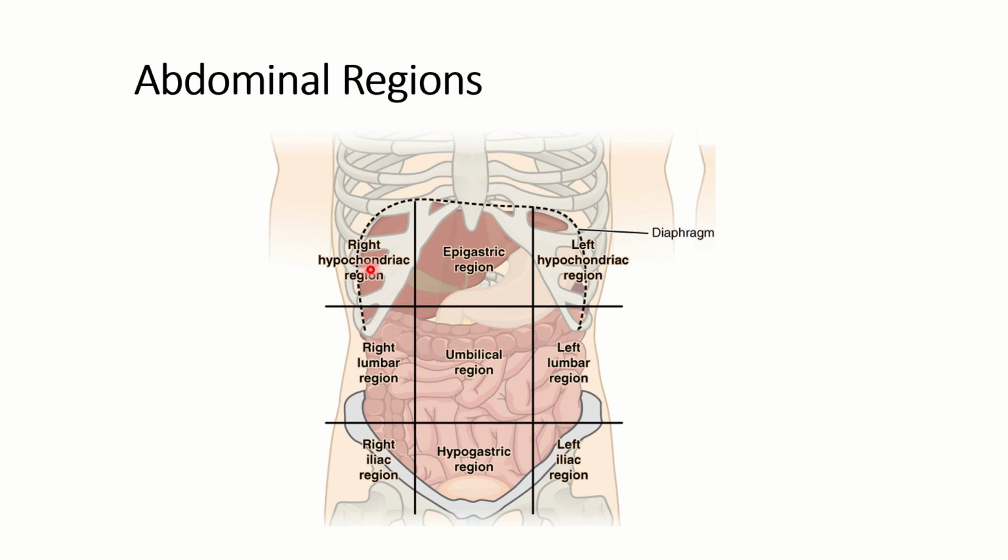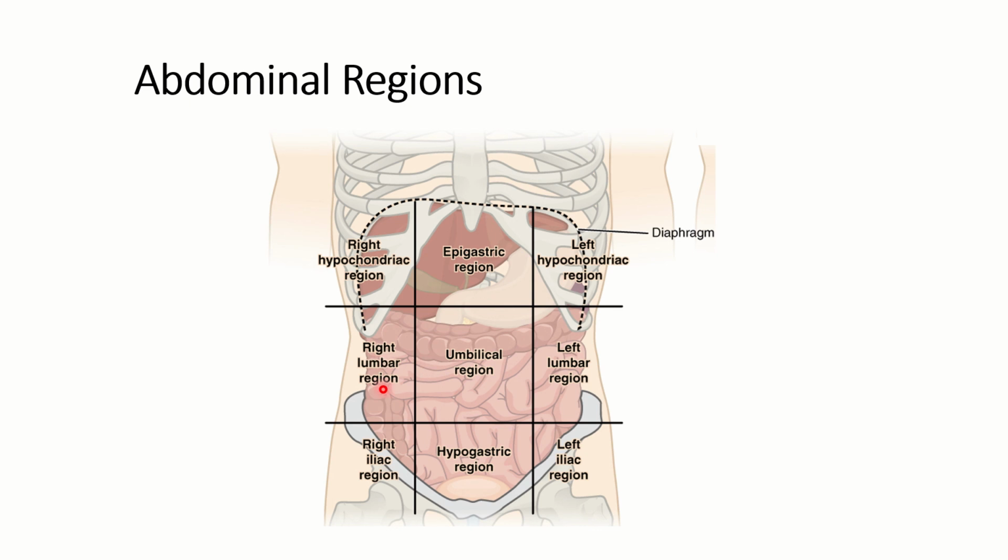And in the right hypochondriac, that's below the rib cage, mainly you have the liver. On the left side, you have the stomach and the spleen. So pancreas again is in the background and behind the stomach in this area. And in the umbilical region, you have the transverse colon and the small intestine.